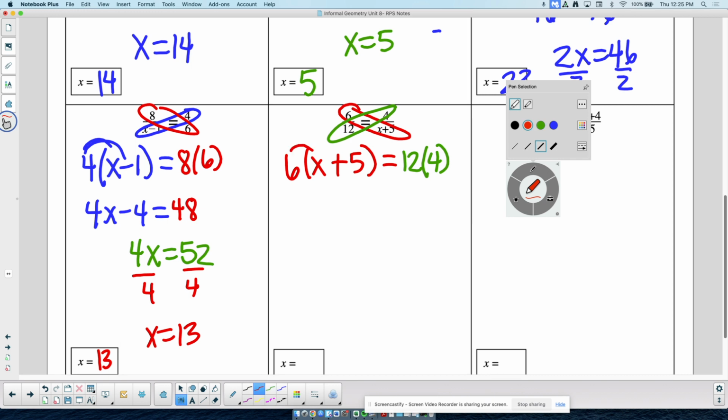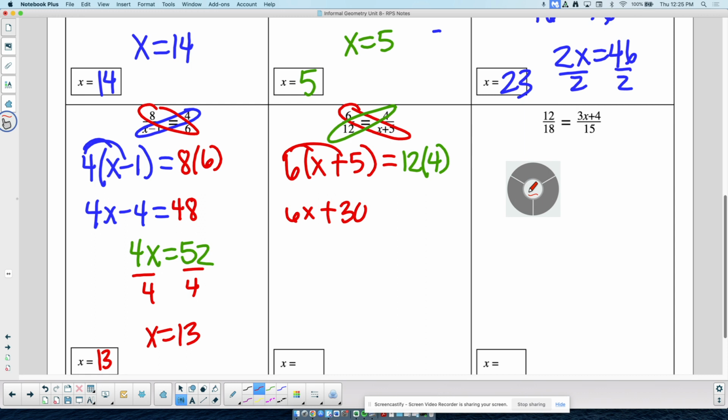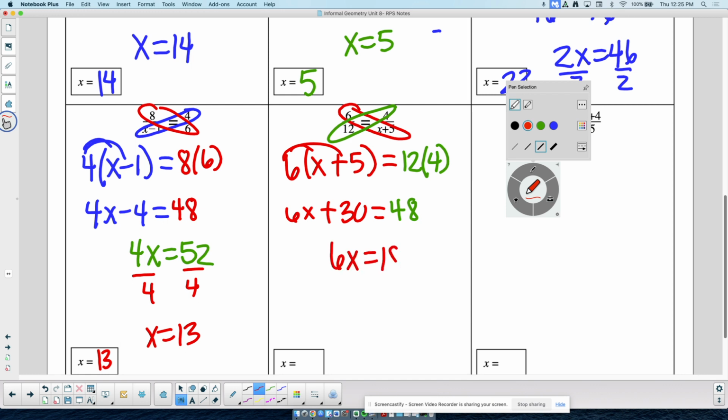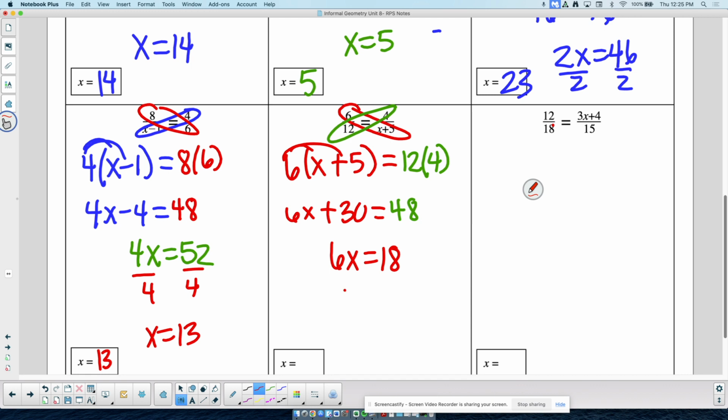Distribute that 6. 6x. 6 times 5 is 30. 12 times 4 we know is 48. Then we'll subtract over 30. We get 18. Divide by 6. X equals 3.